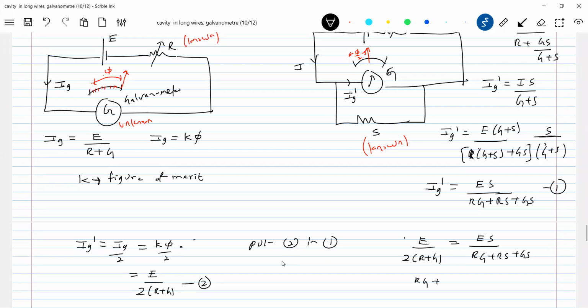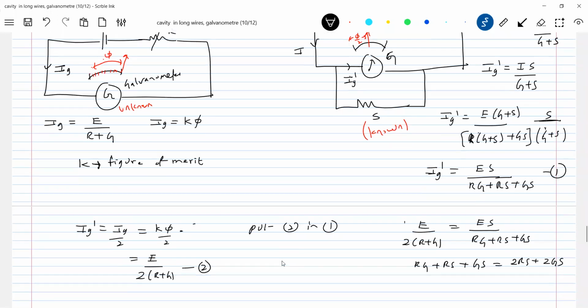Let me simplify this. RS plus GS is equal to 2RS plus 2GS.